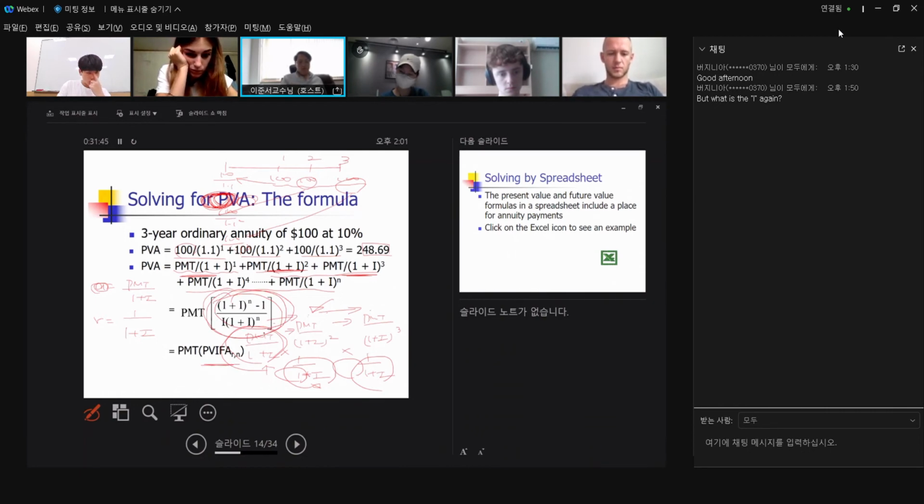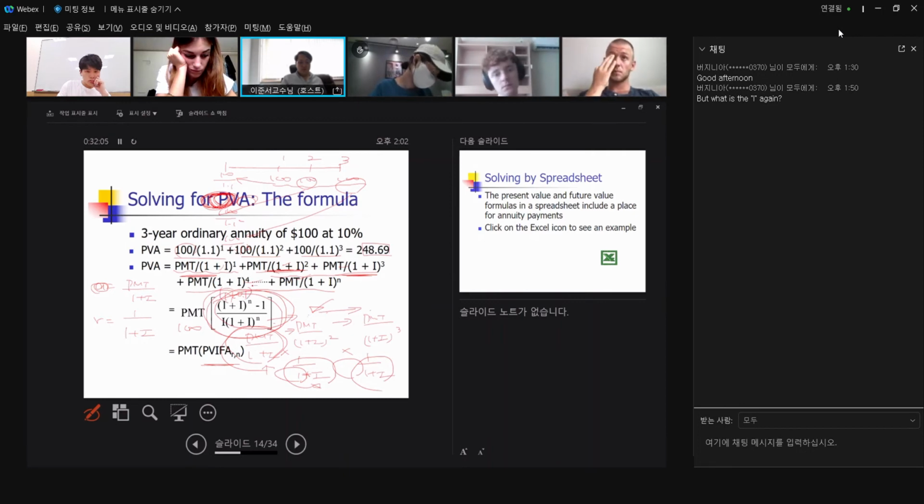So you don't have to calculate one by one. Just like very time consuming work. Instead of that, if we use this formula, payment is 100, I equal to 0.1, 10%, number of periods is 3 years.